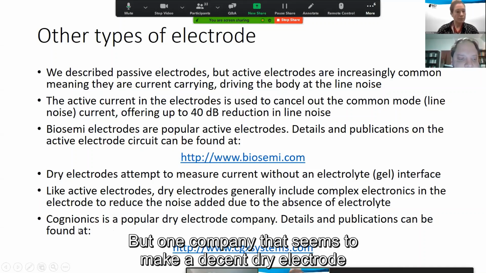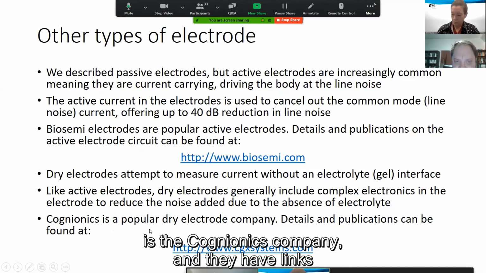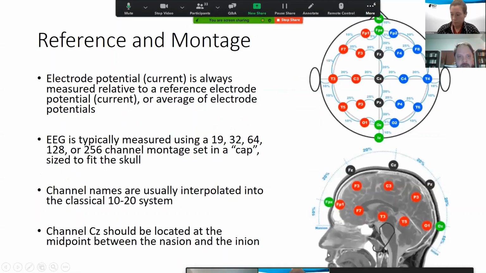But one company that seems to make a decent dry electrode is the Cognionics company, and they have links to publications and products at this website here.